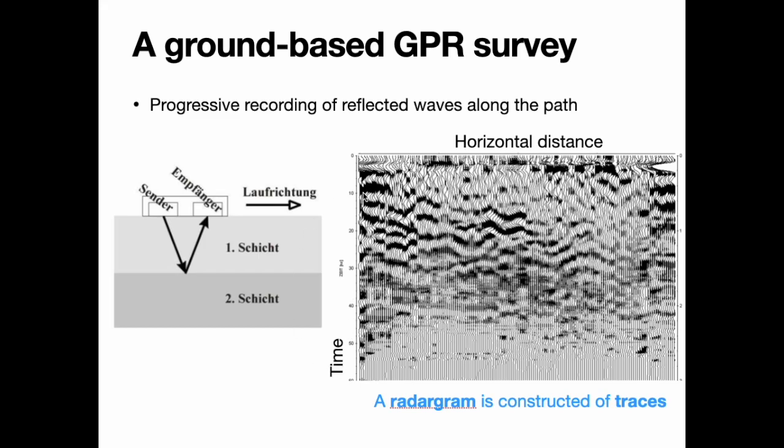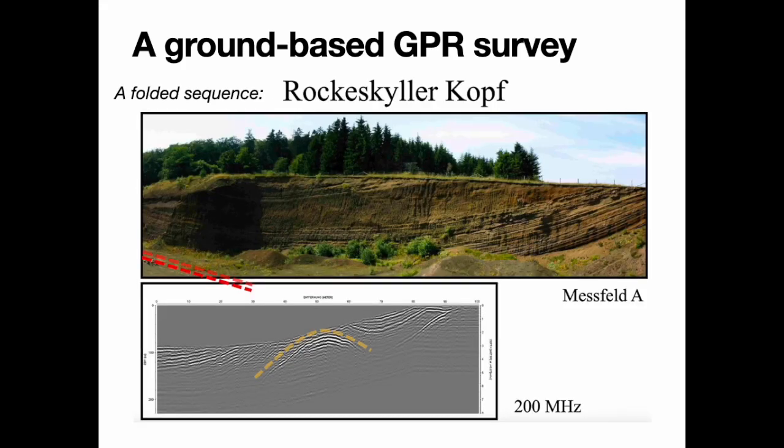These traces are natively in time, so this is double travel time, but they can be migrated to depths with some post-processing routines. So that's an example of a nice radargram.